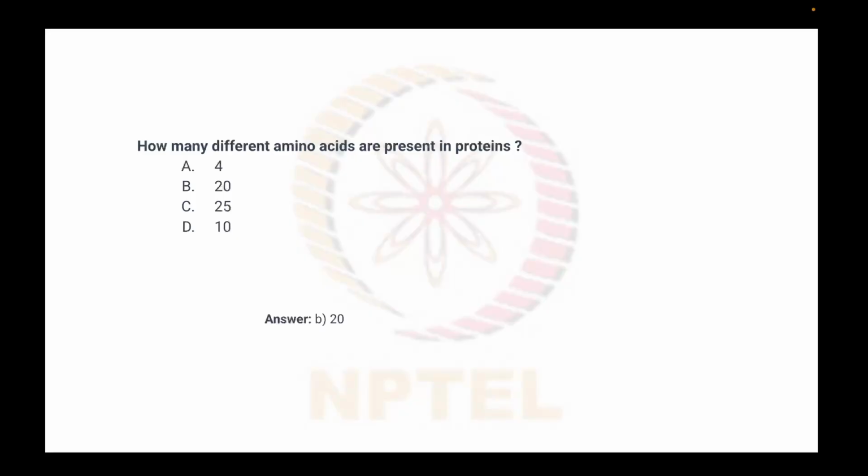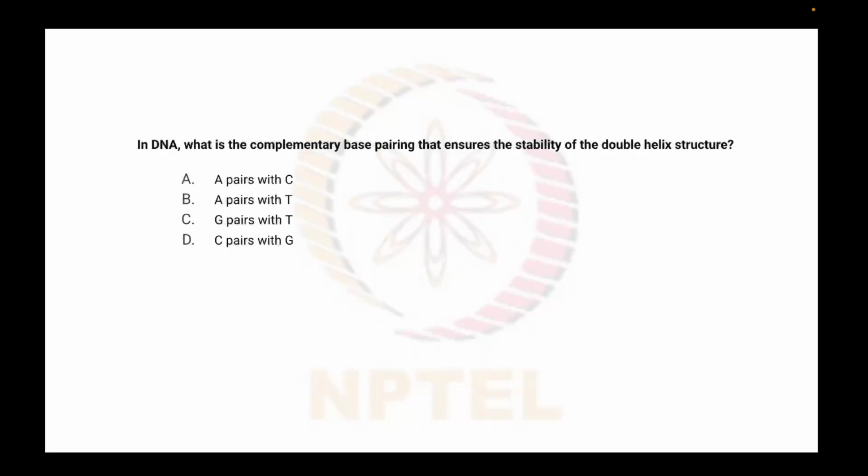We have 20 different amino acids, and the order of amino acids is determined by the genetic code encoded in the DNA of the gene. Then here in DNA, what is the complementary base pairing that ensures stability of double helix structures?